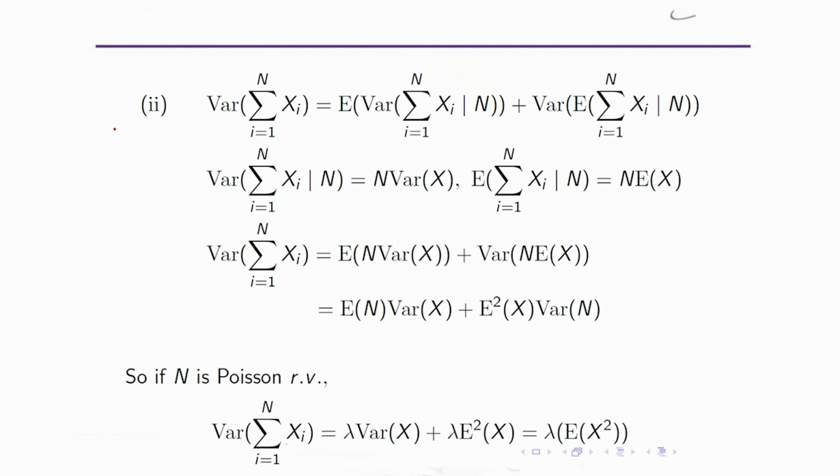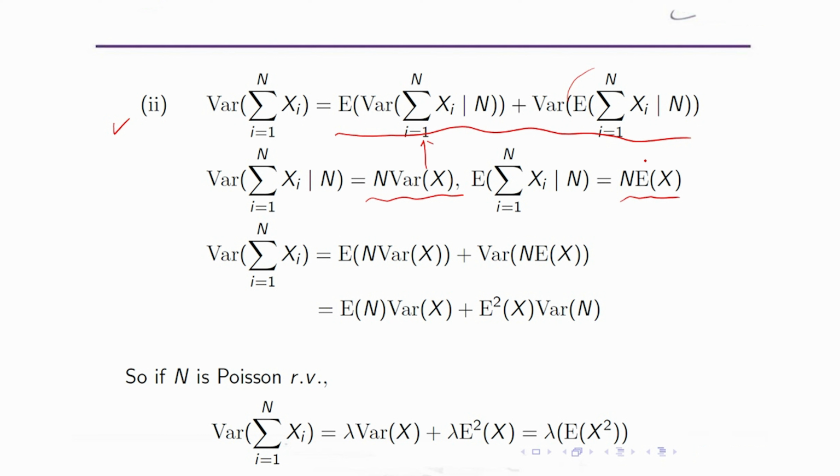Similarly, you can follow the same logic to derive the variance of the summation of X_i from 1 to N, based on this equality. You can calculate the variance of the summation of X_i conditional on N, that would be n times the variance of X. And you can also calculate the expectation of the summation of X_i conditional on N, that would be n times the expectation of X. So you just put these back in here.